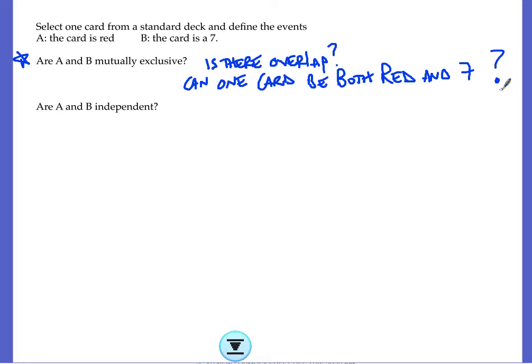And the answer is yes. A single card can be both red and a 7. We've got the 7 of hearts and we've got the 7 of diamonds. So these are not mutually exclusive because there is an overlap.